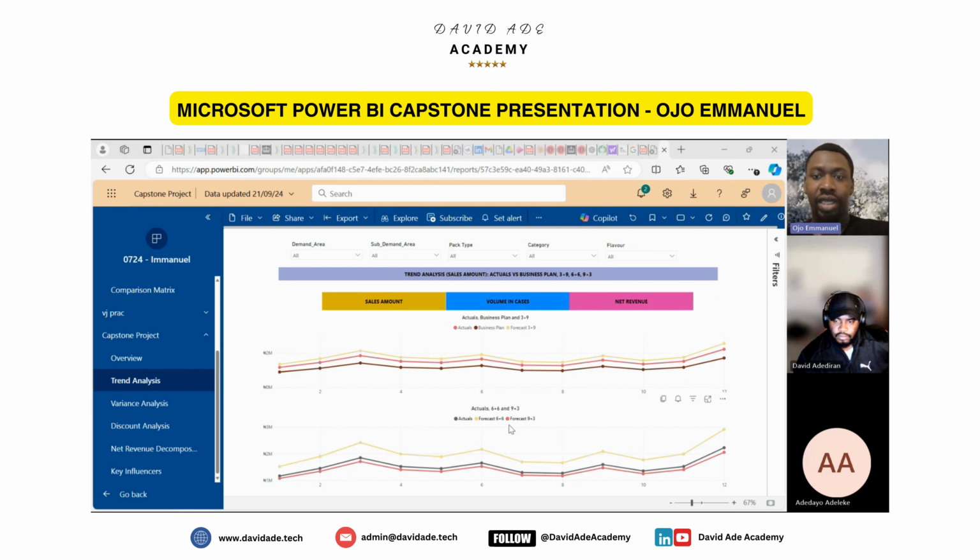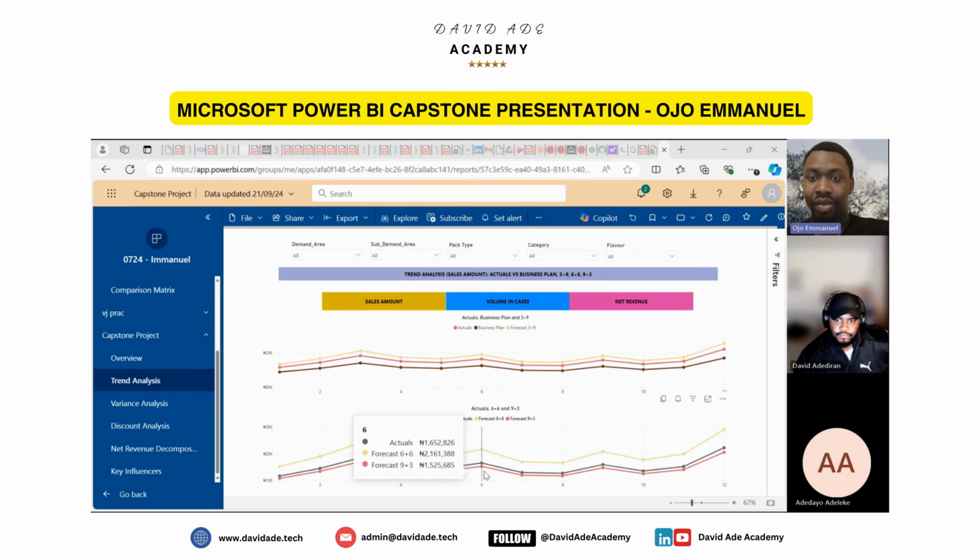If we look at the actuals versus the 6+6, the 3+9, we can also see that the focus 6+6 had more sales compared to the actuals and the focus 3+9. There's always been an increase in sales in the focus 6+6.